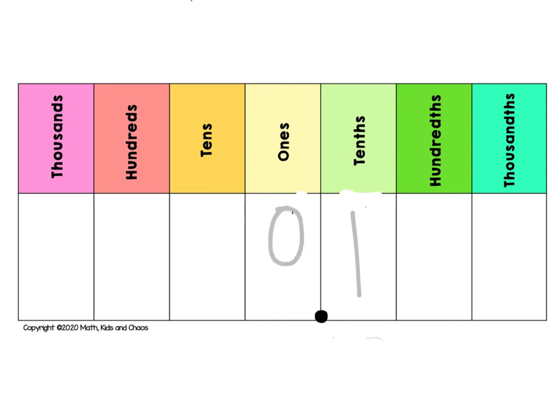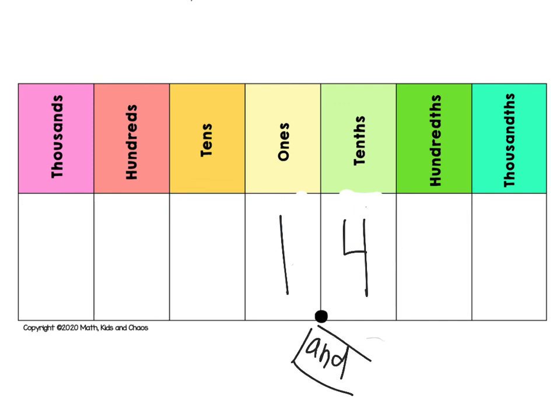Put our 0 there. How I actually say that, you can say it 1.4. I hear a lot of people say it like that, 1.4, but another way to say it is 1 and 4 tenths. When we have a whole number with a decimal, we put in the word and when we're saying it. So 1 and 4 tenths.